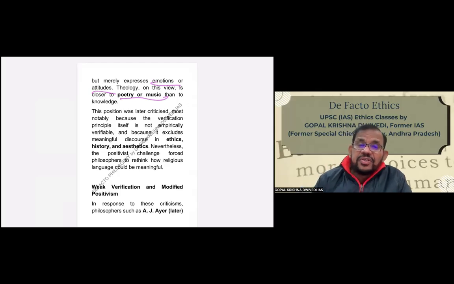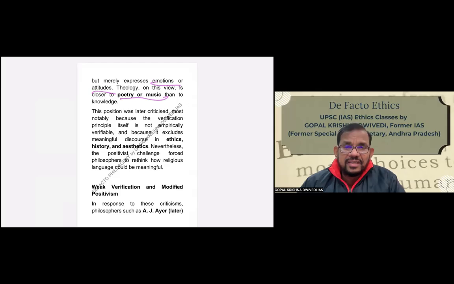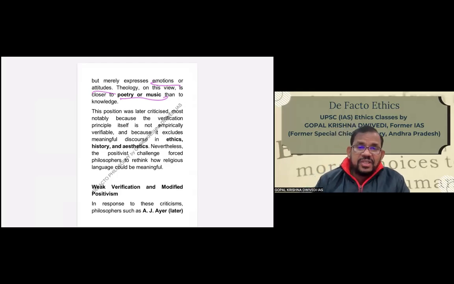But this strong view of logical positivism was later criticized by subsequent philosophers, who say that the verification principle itself is not verifiable.